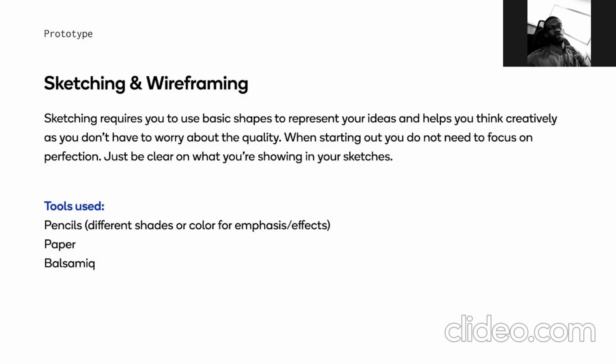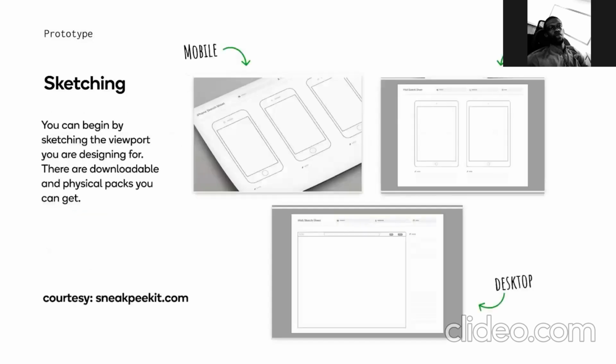The tools that I use here are mostly pencils, different shades of color for emphasis or for effects, paper, and Balsamiq. Balsamiq is a wireframing tool. You can check that out later, balsamiq.com. So with sketching, you can begin by sketching the viewport. If it's a mobile screen you're designing for, you can sketch a quick long rectangle.